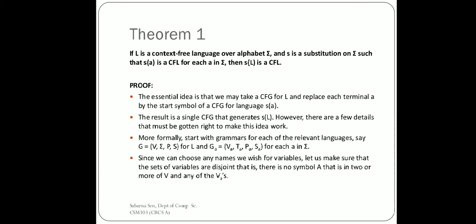If two sets of productions are there, one for G and another for G_a, and we use different variable names for G and G_a, then when we combine the production rules of G with G_a, or compare the two production rules, it will be easily understandable. If we use the same variable name, then it is quite difficult to understand which variable belongs to which set. This can be one problem.